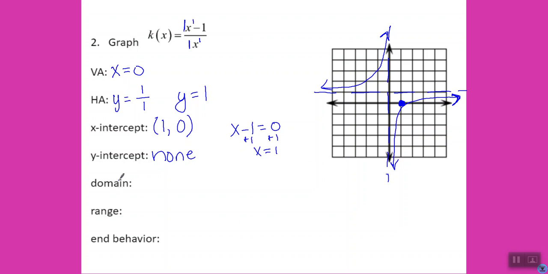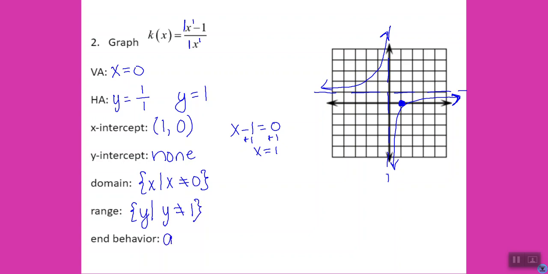So for our domain, we know that x can't equal 0. So x such that x does not equal 0. And our range could be everything but where this asymptote is. So it would be y such that y does not equal 1.